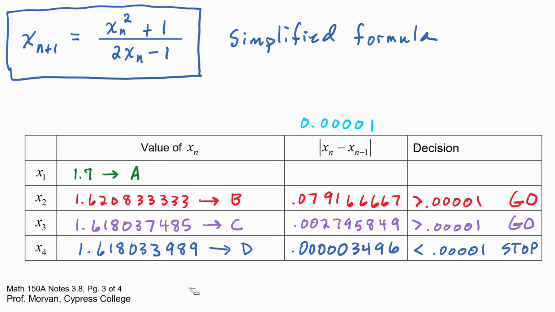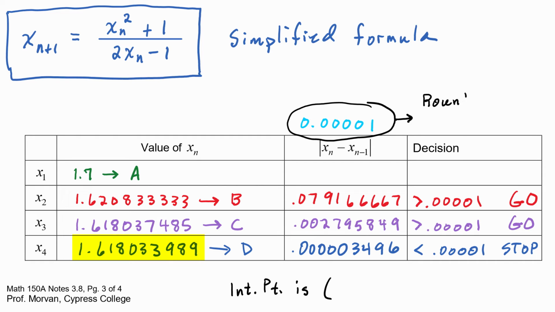Now we need to answer the question, which is to find the intersection point. We have the x value of the intersection point, and remember that this accuracy tells us to round to 5 decimal places.